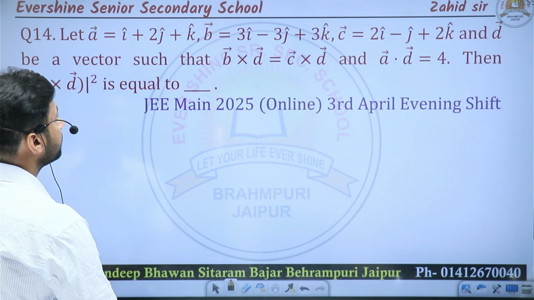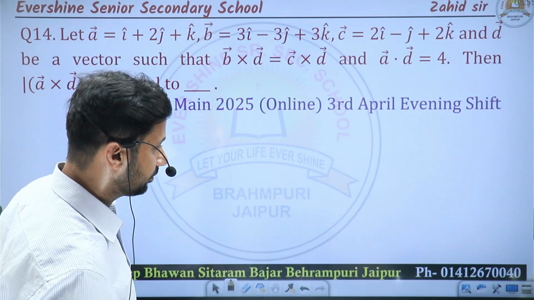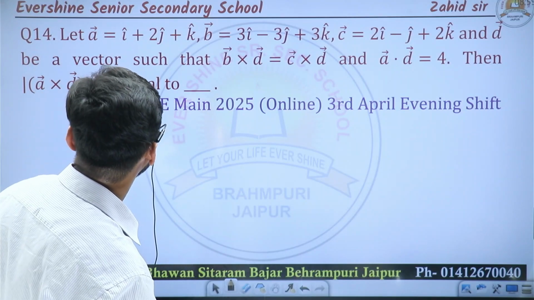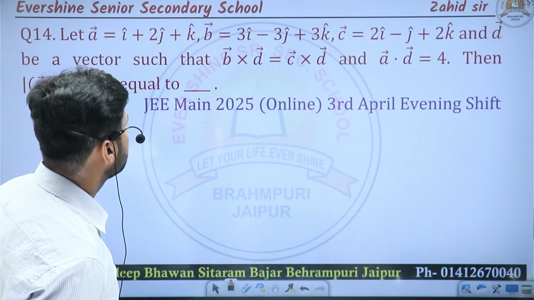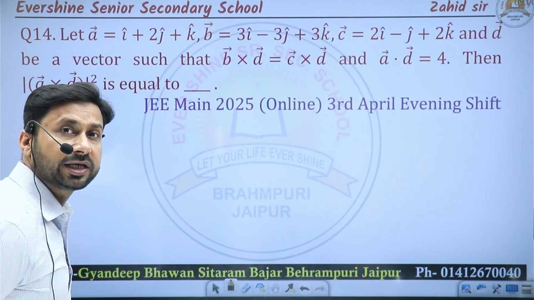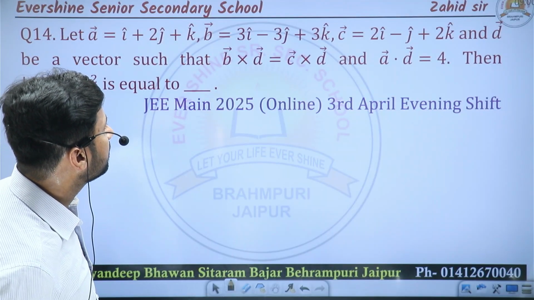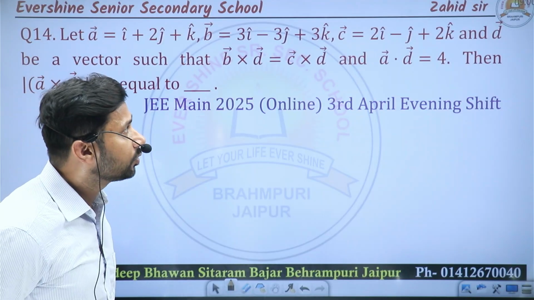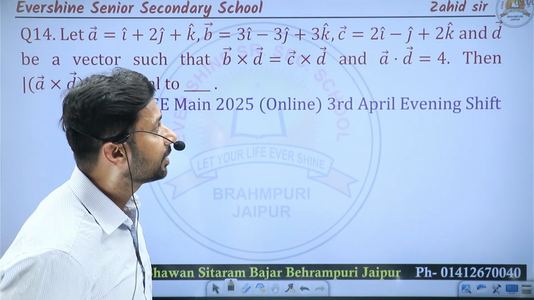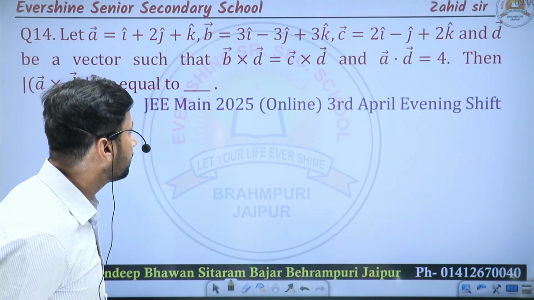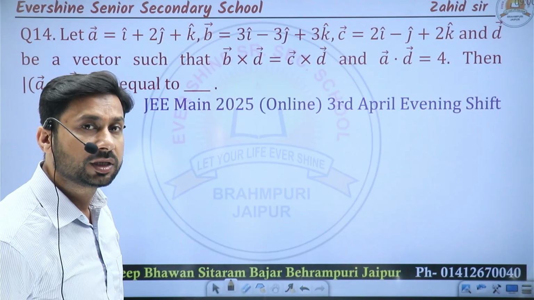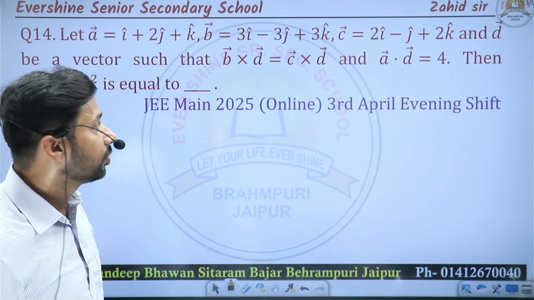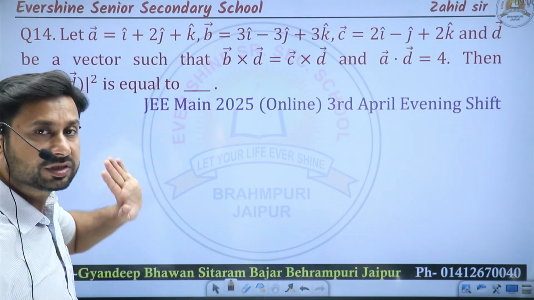Next. Now next, a is the vector i cap plus 2 j cap plus k cap, and another vector b is 3 i cap minus 3 j cap plus 3 k cap, and c is the vector 2 i cap minus j cap plus 2 k cap, and d is a vector such that b cross d is equal to c cross d, and a dot d equals 4. Then I need to find the value of this.